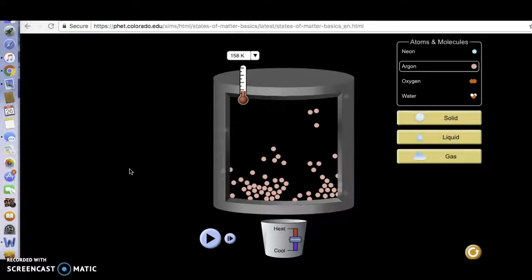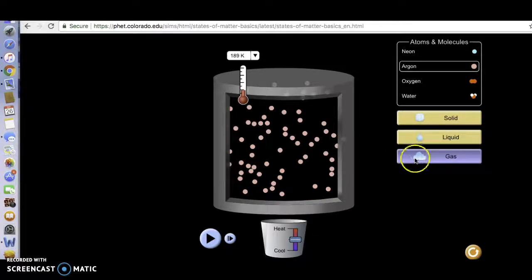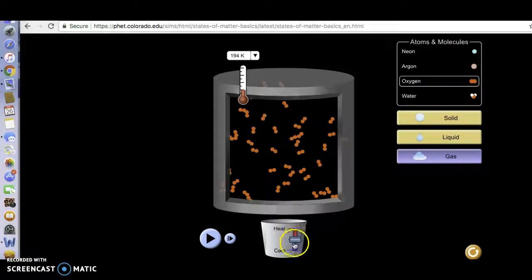Now that you guys are in your groups, the worksheet I just handed out to every one of you, I want you guys to draw pictures of the different time periods of the solid, liquid, and gases, for example, oxygen, what's going to happen? I want you to draw that.